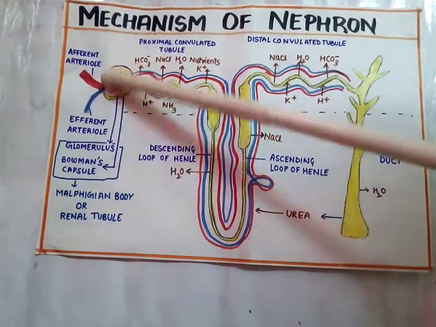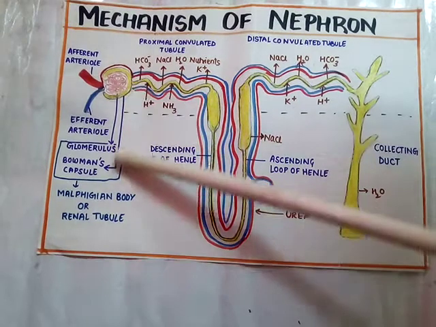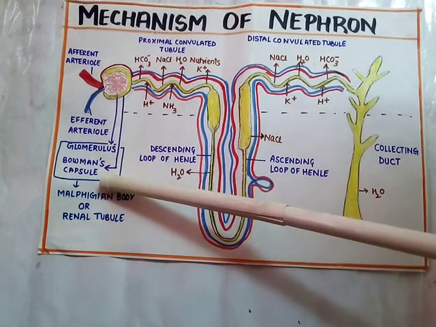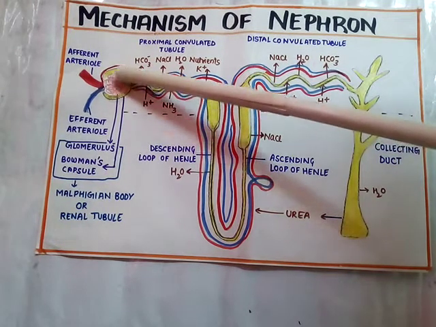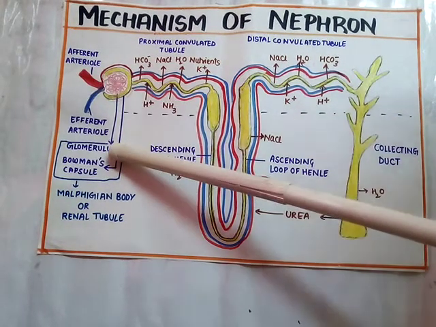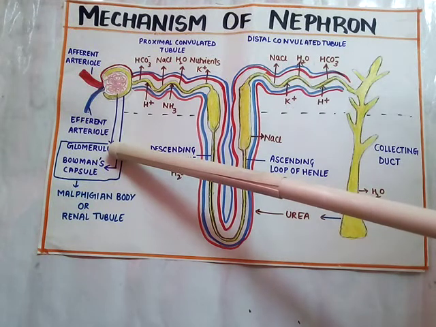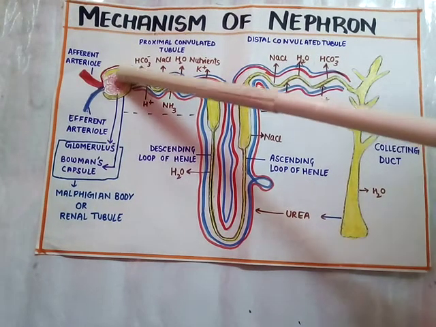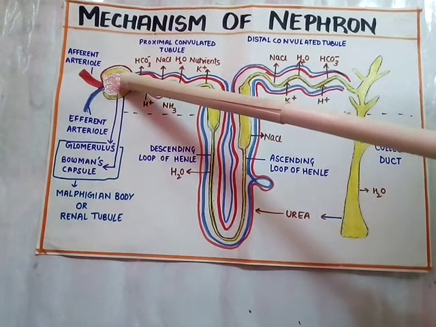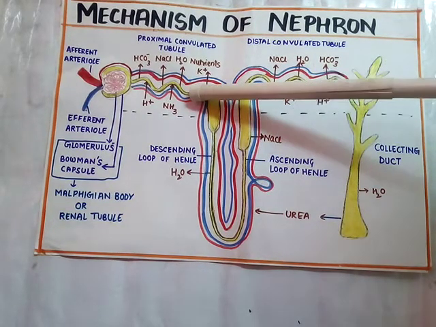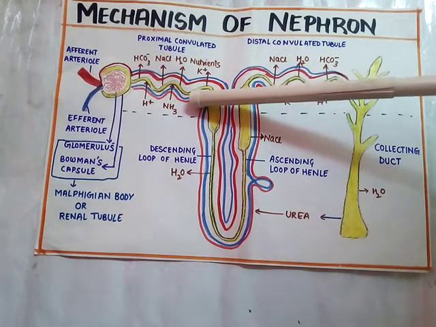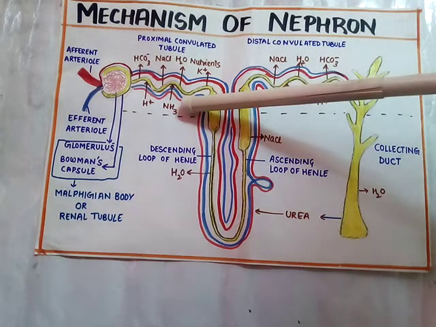Then there is a cup-like structure known as the Bowman's capsule. In this Bowman's capsule, a tuft of capillaries is present, which is known as the glomerulus. Here, filtration takes place. After that, the proximal convoluted tubule. Here, reabsorption of nutrients takes place.